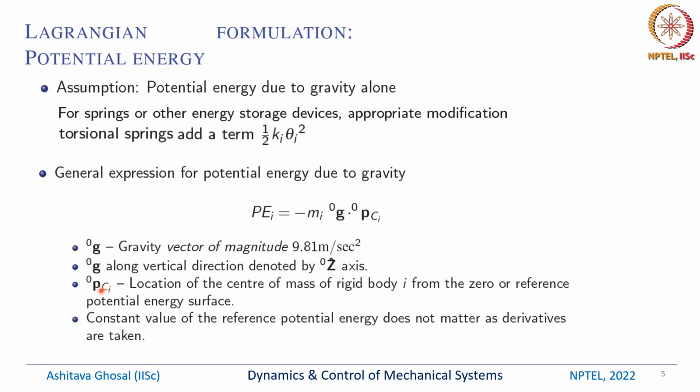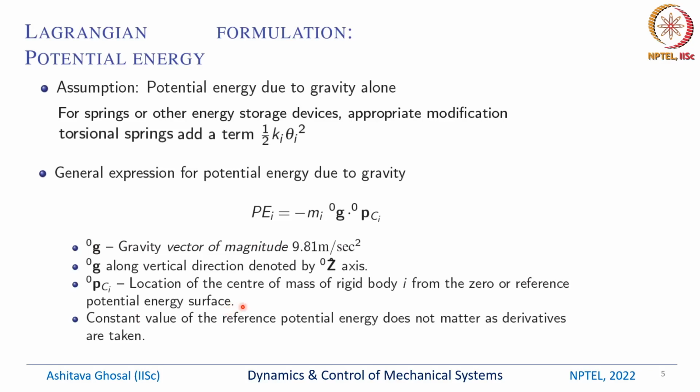And as I said, 0 P_ci is the location of the center of mass of rigid body i from the 0 or reference potential energy surface. In potential energy, often this notion of a reference or a zero potential energy surface is used to find the value of the potential energy.